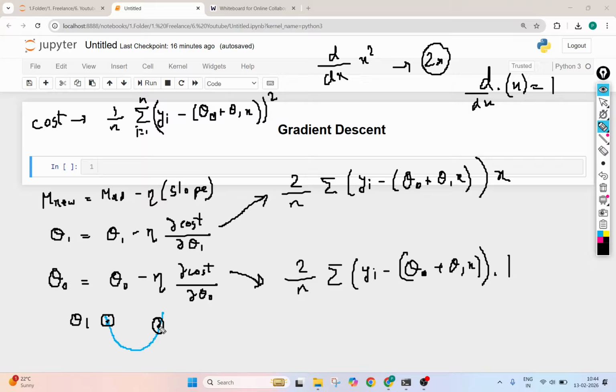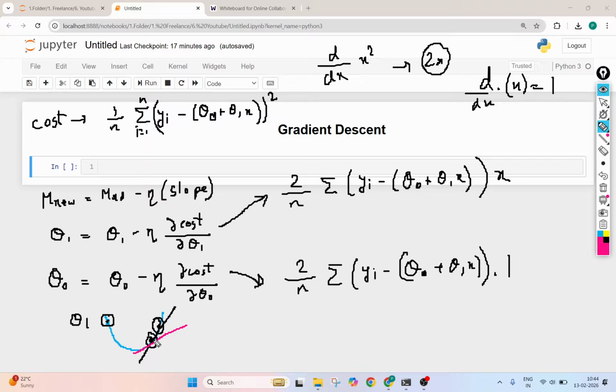Now we went over to find the slope of this particular point. Now we updated theta 1 with this value: theta 1 minus eta of this slope value. Whatever value we get, let's say it comes over here, we put it over here. Again, we find the slope for this particular point, which can be something like this.